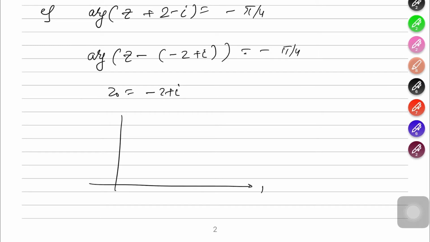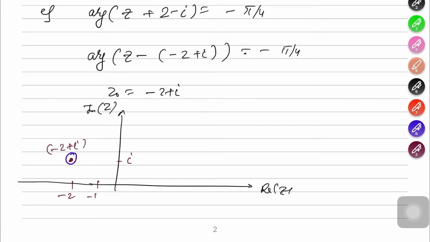Now this is the real axis, this is the imaginary axis, and the point is minus 2 comma 1. So let's say this is 1, this is minus 1, this is minus 2, and this is i. So this point is minus 2 plus i.